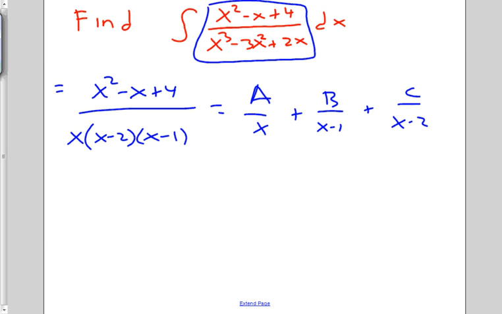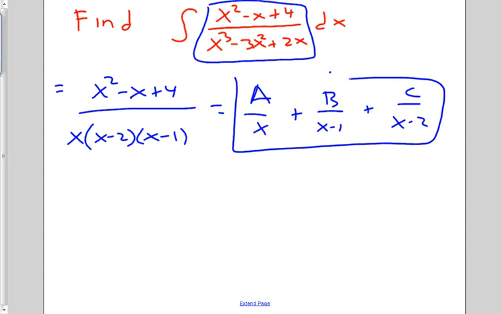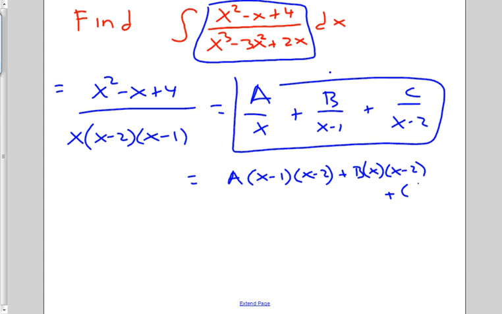Okay, so if we were then to take this and re-expand it, this equals A times x minus 1, x minus 2, plus B times x minus 2, plus C times x minus 1, and that's going to have to equal the numerator on the top, x squared minus x plus 4.